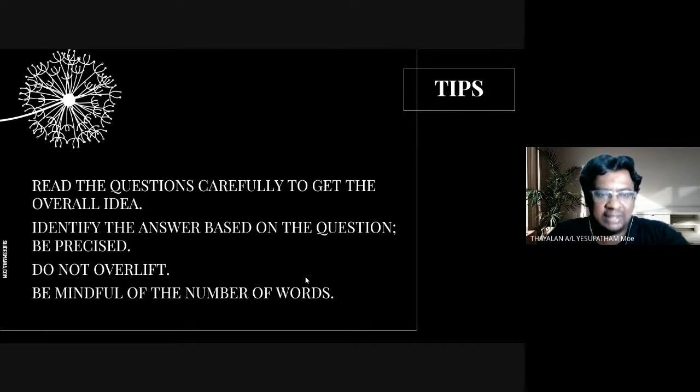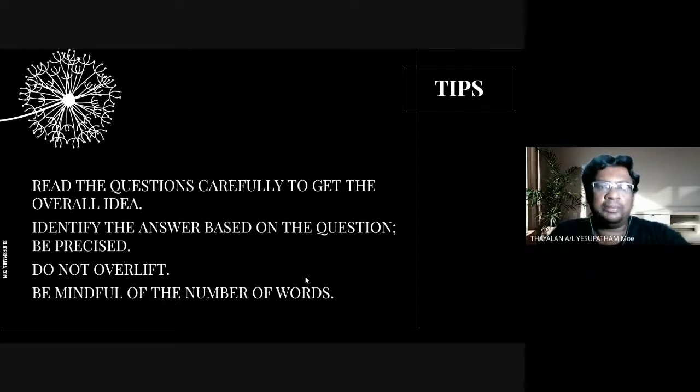Be precise. When you identify the answer based on the question, remember to be precise. You have to choose the correct answer, correct phrase, the precise answer. Do not overlift. Do not just take, just because you assume the answer is there, therefore you take the whole paragraph, whole sentence, or the whole set of phrases, which sometimes can exceed the word limit.